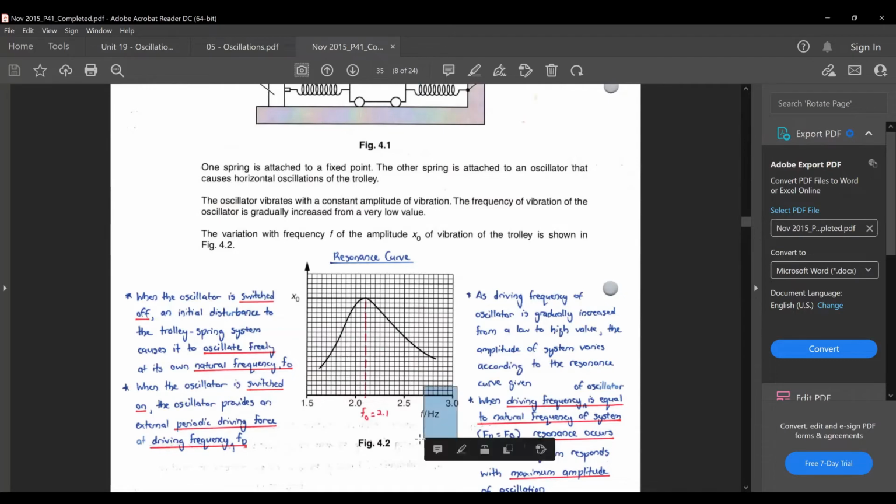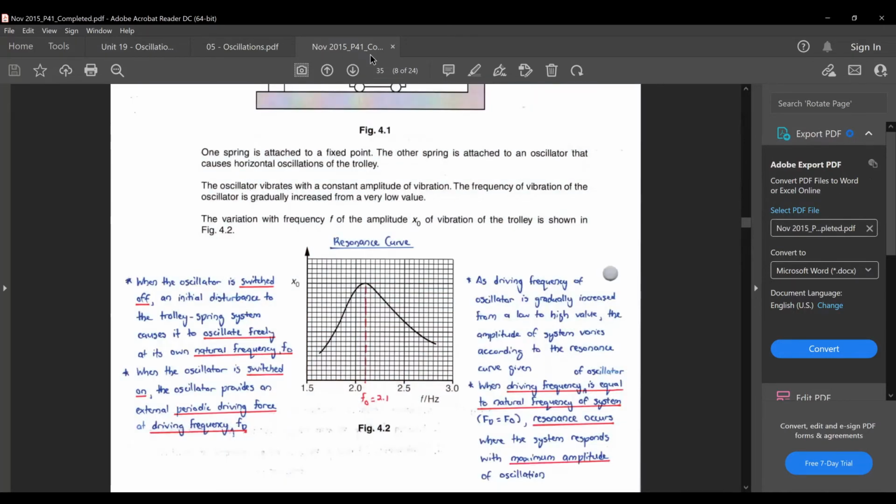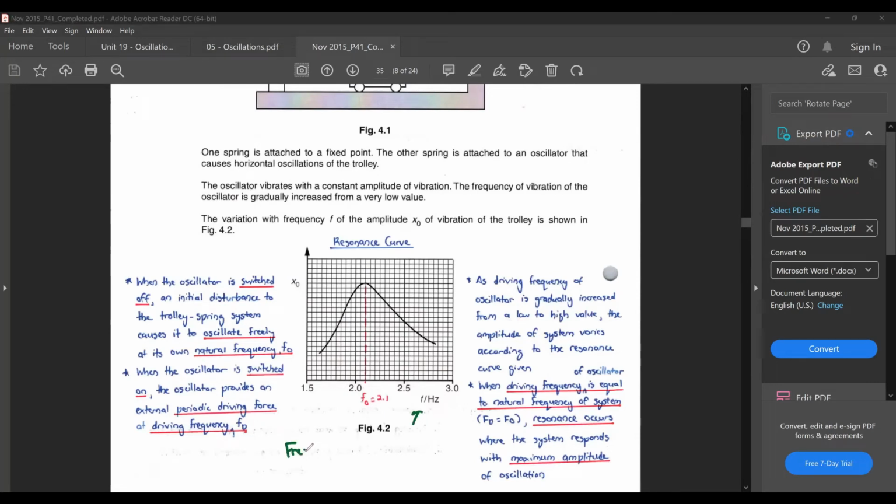So this frequency f, if you want to think of it, is the frequency of your trolley, which in turn equals the frequency of your oscillator, which in turn is your driving frequency.